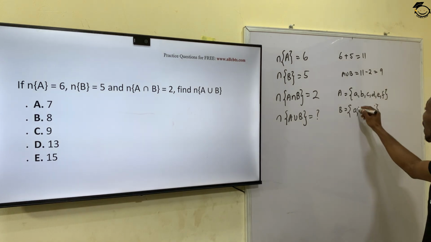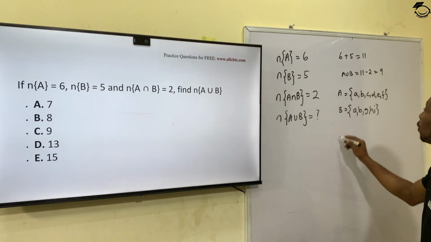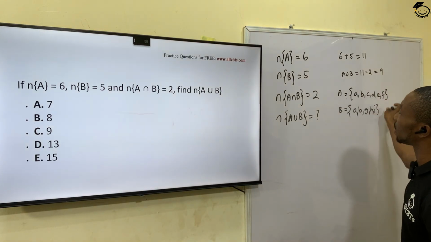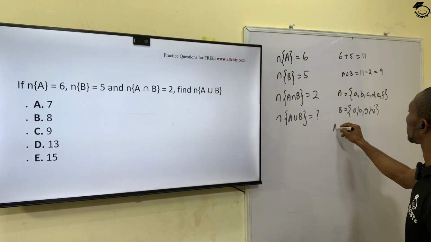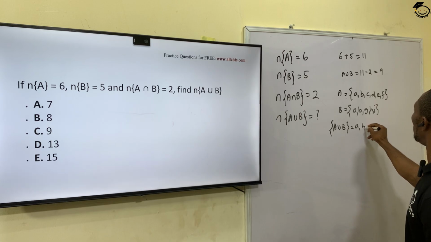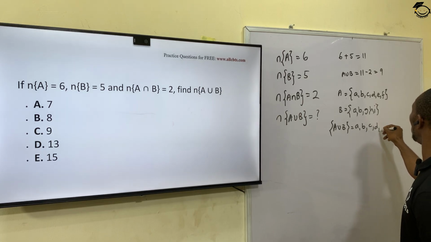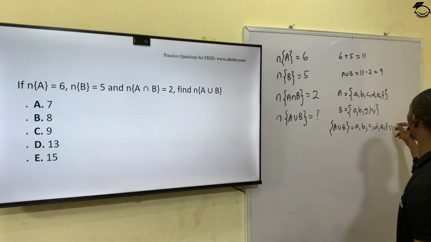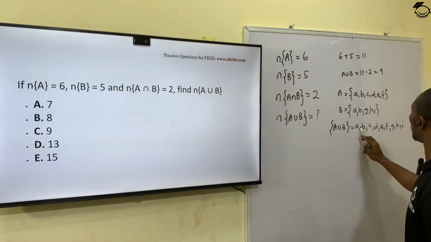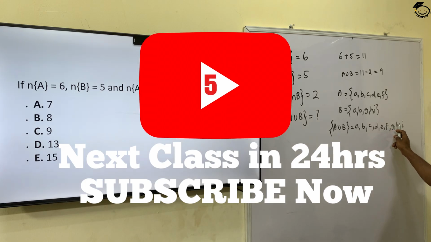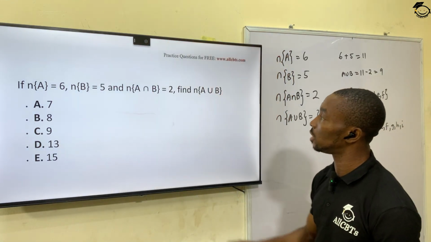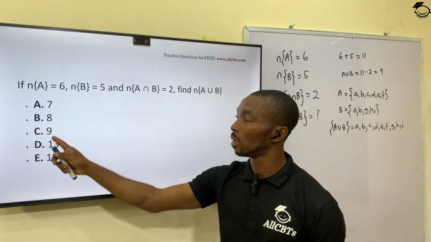Since A and B are common, a union is a joining of all the elements in both sets. So A union B would give us A, B, C, D, E, F, G, H, and I, which is 1, 2, 3, 4, 5, 6, 7, 8, 9, just like we have here. So the number of elements in A union B would be 9.